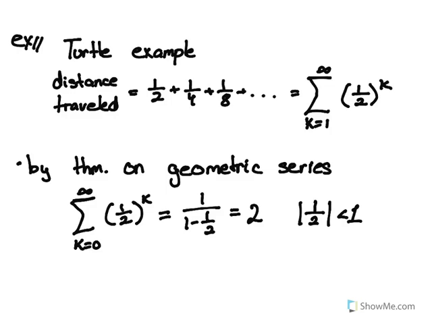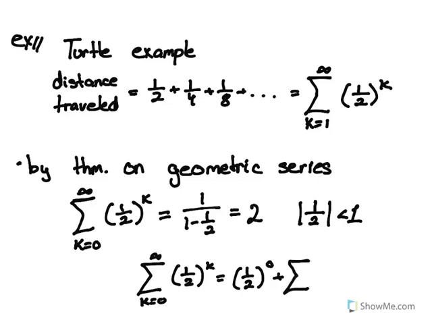And then using our theorem on the tails of series, we know that the sum from k equals 0 to infinity of 1/2 to the k is equal to the zeroth term, which is 1/2 to the 0, plus the distance our turtle traveled, which is the series of 1/2 to the k starting at k equals 1.